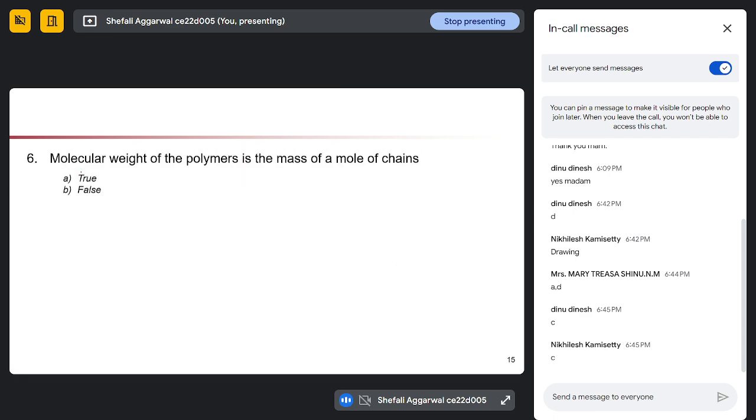So the next question is, molecular weight of the polymer is the mass of a mole of chains. Correct? True or false?